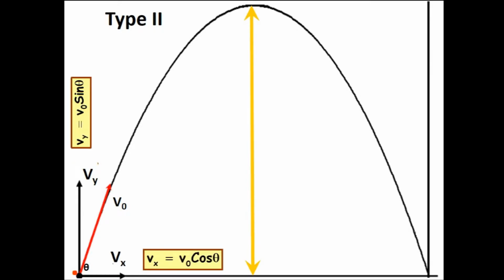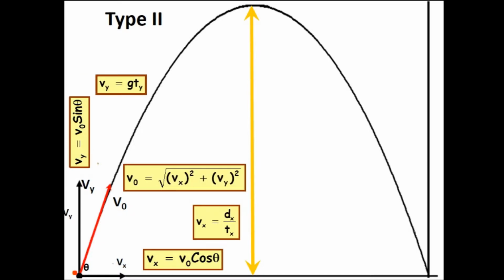Okay, so these are the equations to determine Vx and Vy, where Vy is V naught sine theta, Vx equals V naught cosine theta, and these equations can be found on your equation sheet, and I would do myself a favor and simply memorize them.